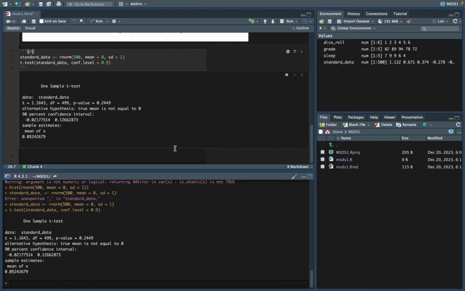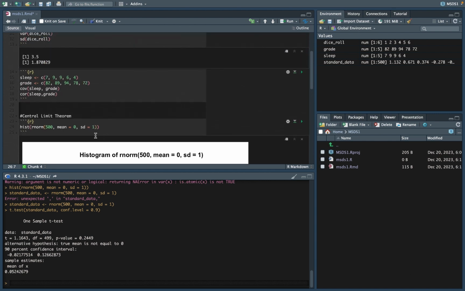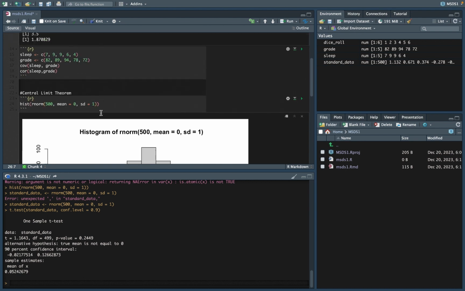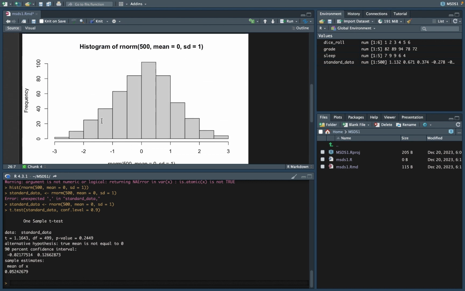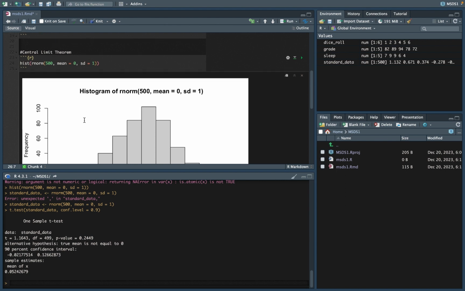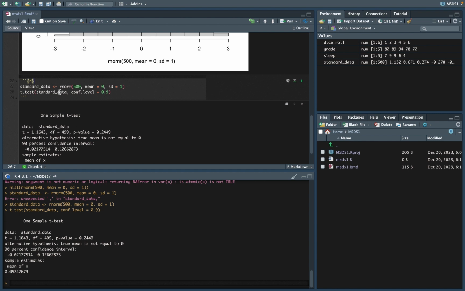Okay, so I did realize my mistake in that I can't do a t-test of a histogram, obviously. So I didn't make an object here. All I did was call the function, and then I made an object for the standard data of a normal distribution, not a histogram of it. So that was my mistake.